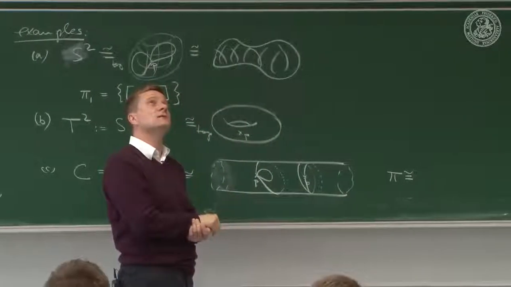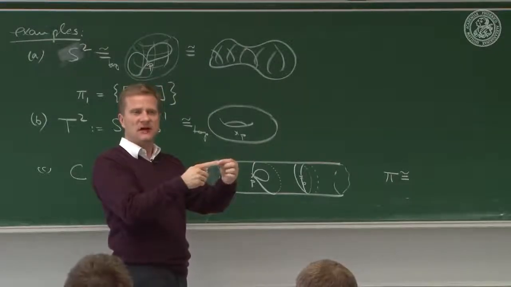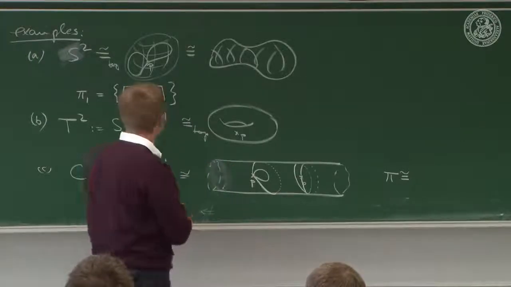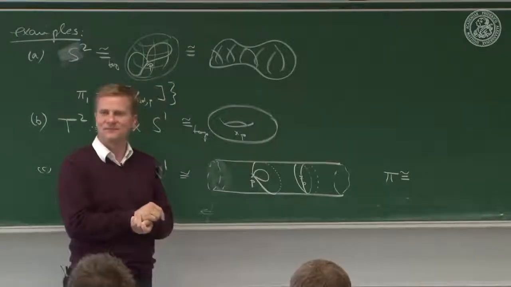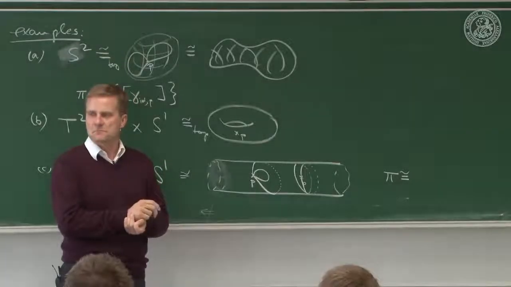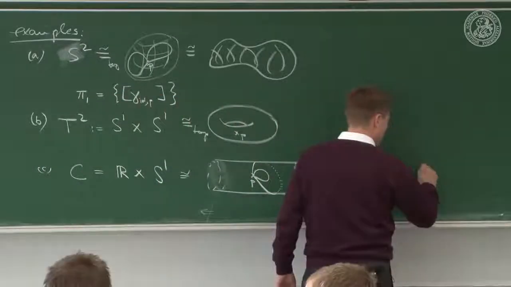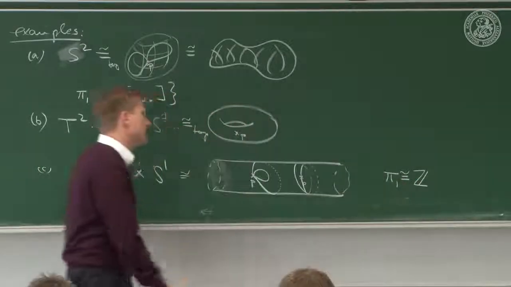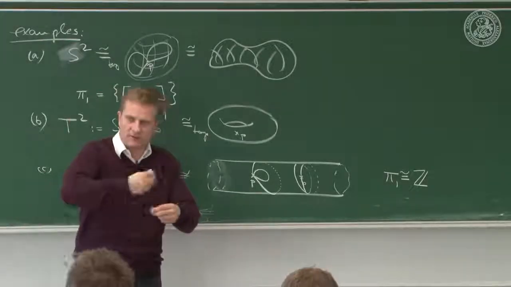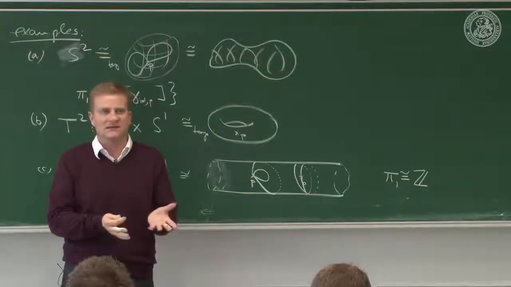You can go in this direction and you can go in the other direction. Now, an interesting question is whether that's homotopic. If you go a curve in this direction, you go in the other direction, are they homotopic? I don't think so. Think about it, because you have to check with this continuity map. No, I don't think so. So the fundamental group, if I'm right, here is then the set of the integers, because you can wind around to the right, you can wind around to the left, and neither of those can be transformed into any of the others.